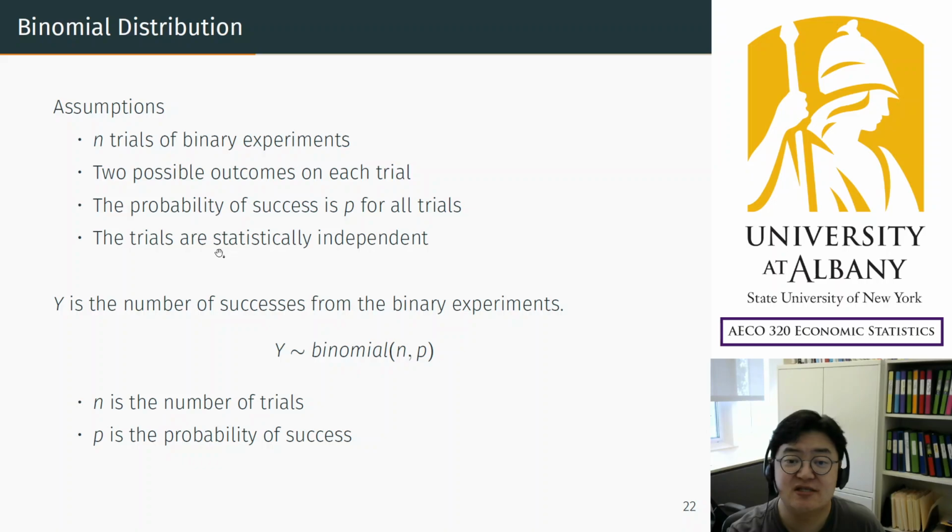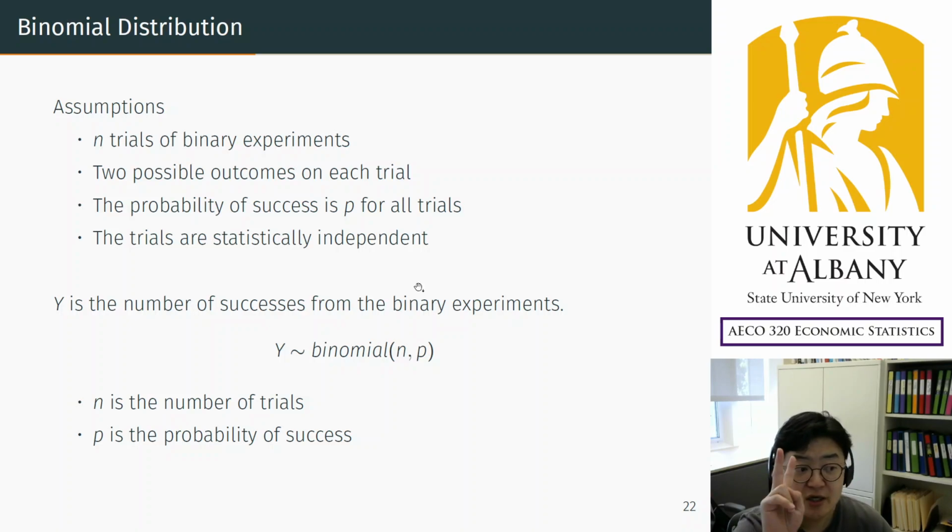We learned statistical independence in chapter 2. I said it is very important at the time. Independence is a very important concept in statistics. We are going to use it, and it comes again soon. Under these four assumptions, we will call our random variable y a binomial distribution with parameters n and p.